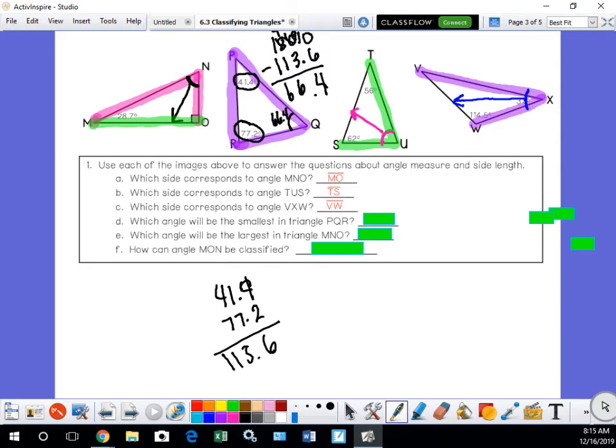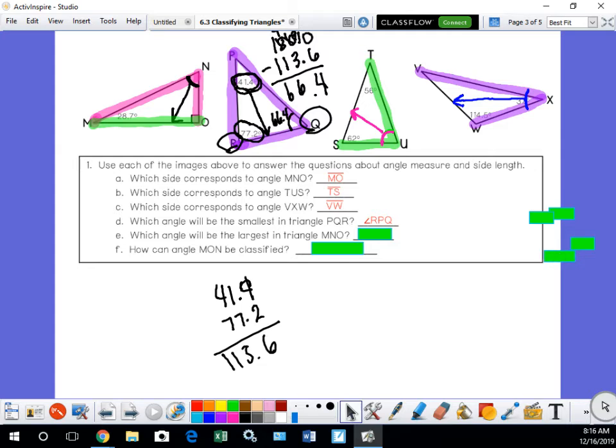So if we're looking for the smallest side length, you look for the smallest angle, which is the 41.4, and go straight across from it. So straight across from 41.4 would be line RQ. Oh, hold on. It didn't ask for side length.